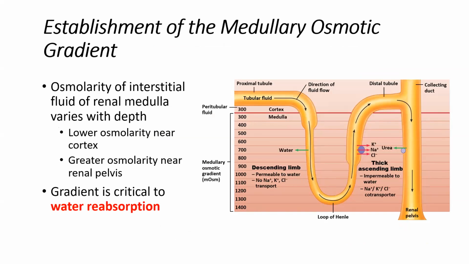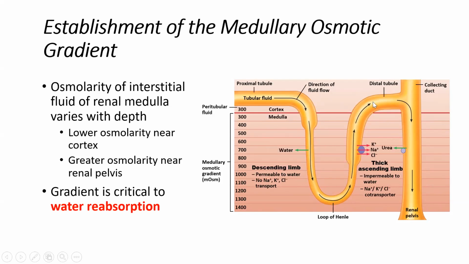Let's look here at what happens in the loop of Henle. In the loop of Henle, there's this interesting phenomenon that's called the medullary osmotic gradient. The medullary osmotic gradient is a gradient of the osmolarity from the cortex down into the medulla. Remember the anatomy here. The loop of Henle is dipping from the cortex down into the medulla.